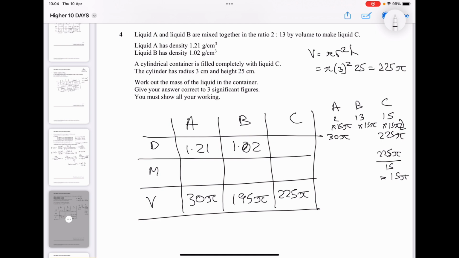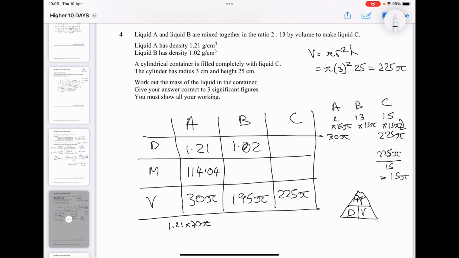Remind me that density is mass over volume. So to find the mass of these, I'm just going to times the 1.21 times by 30 pi. So I've got 1.21 times 30 shift pi equals 114.04 to 2 decimal places.